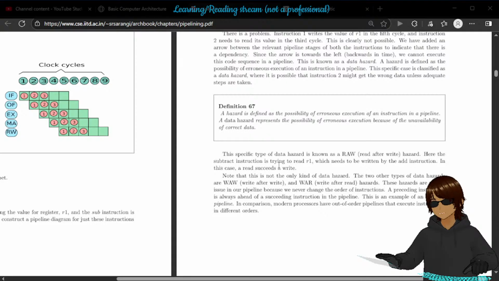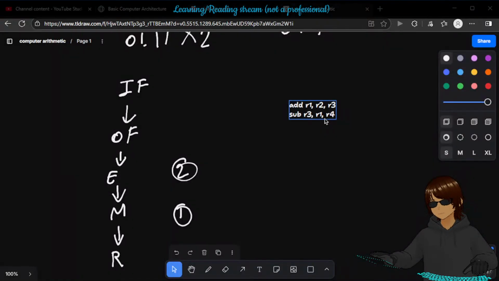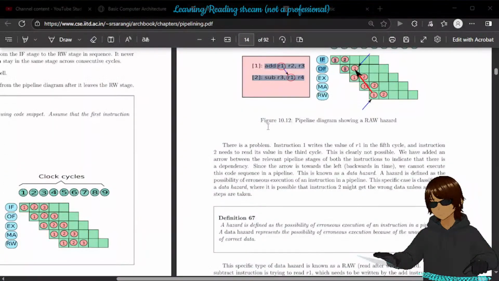Here the subtract instruction is trying to read R1, which needs to be written to by the add instruction. In this case, a read succeeds a write. R1 is being read, and in the previous instruction R1 is being written to, but the ordering is messed up because of the pipeline.